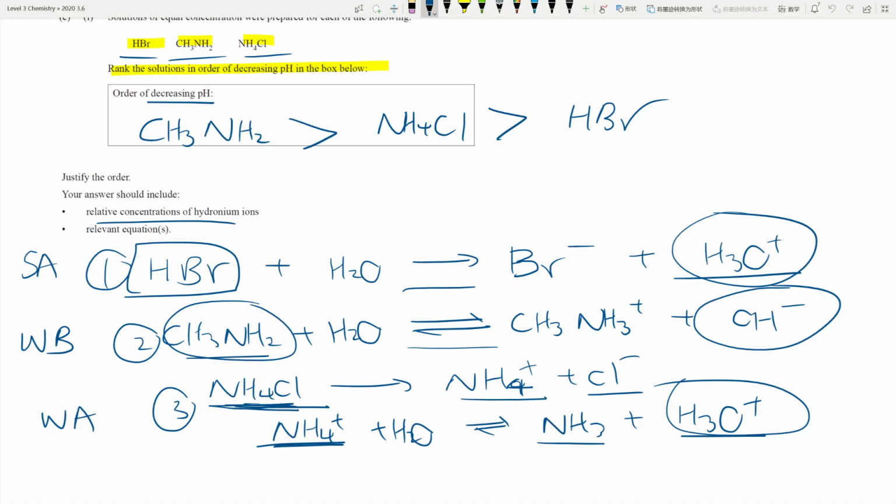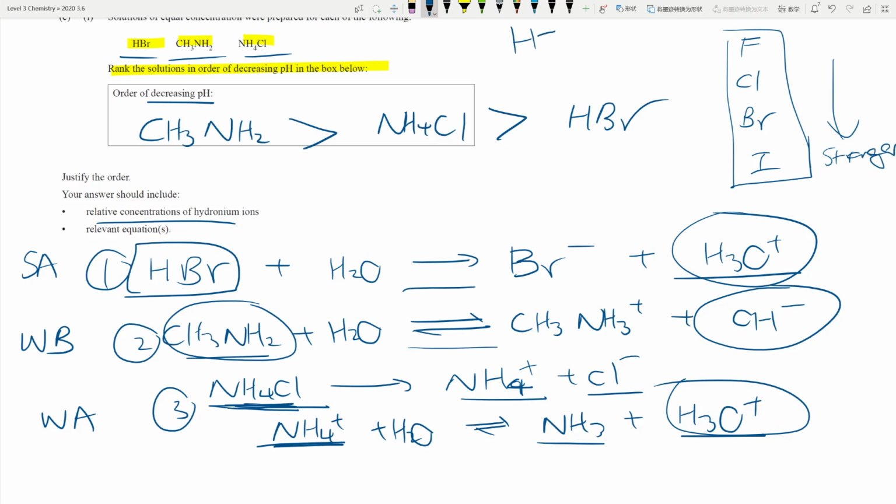You know how with your periodic table you have F, Cl, Br here, and then iodine down here. These are the group 17 elements. The further down you go, the stronger the acid. That means HF is actually a weak acid. And why is that? Now this is relevant to your 3.4.